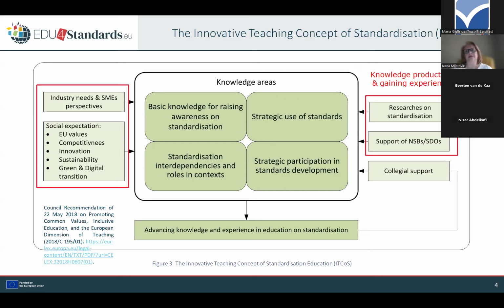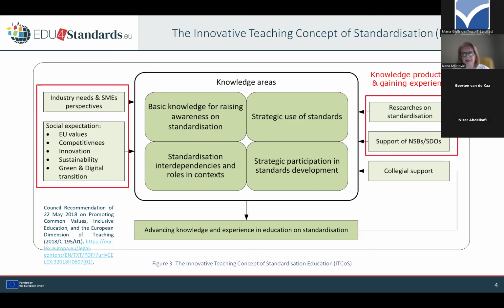What is specific about this concept is that a lot of attention is given to collegial support. We do not want to reinvent the wheel, and we would like to offer teachers our experience, so that more teachers will not start from a clean slate but will have experience and some recommendations.